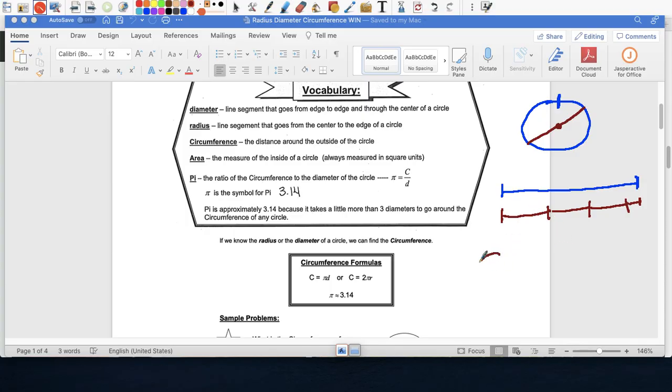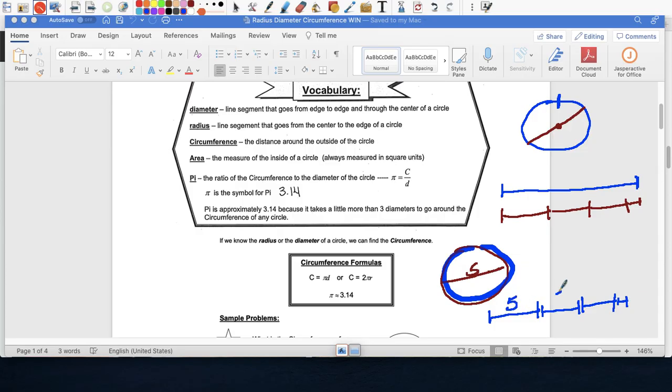Okay, so let me draw it. Here's a circle, and the diameter is 5, right? How does that help me find the circumference, which is the distance around a circle? Well, if I know the diameter is 5, I know that the circumference is going to be 5 one time, 2 times, 3 times, and then 0.14.